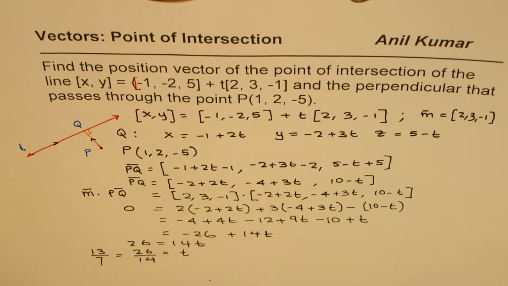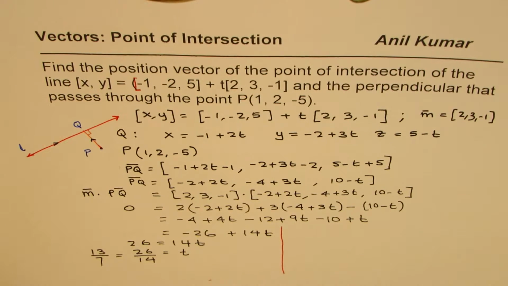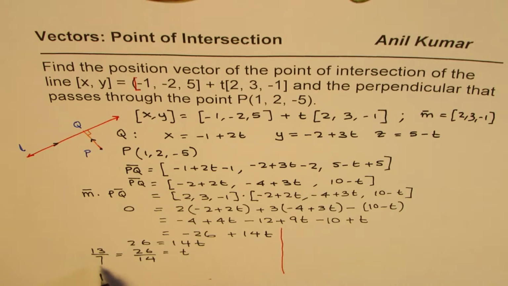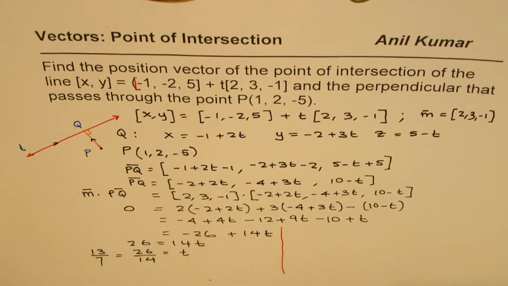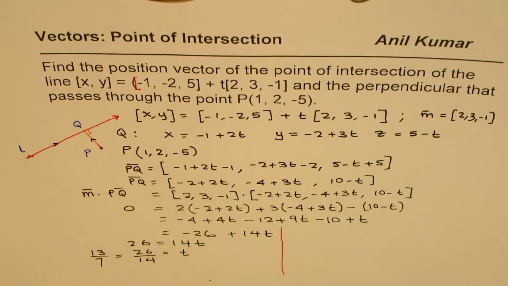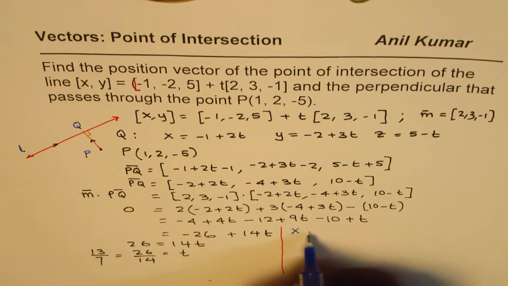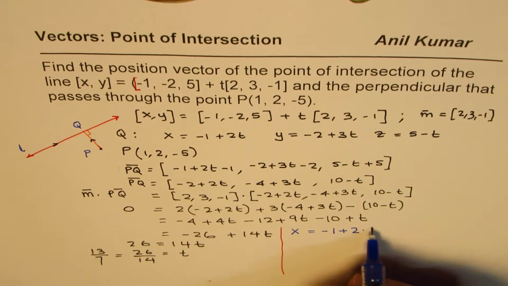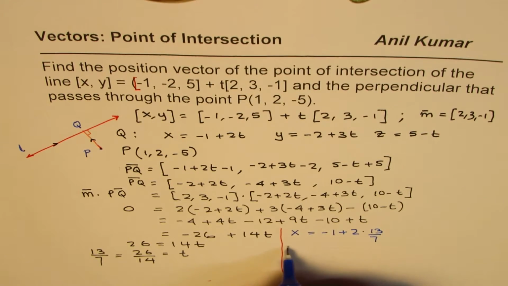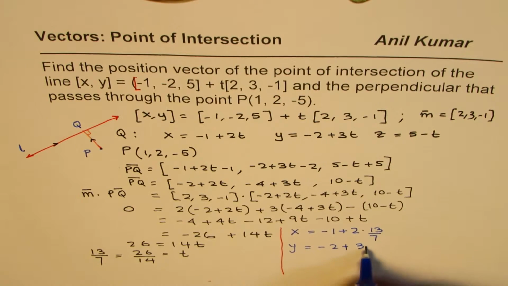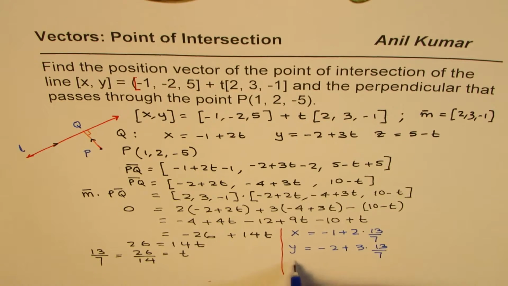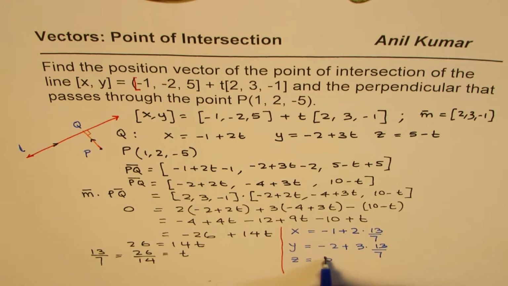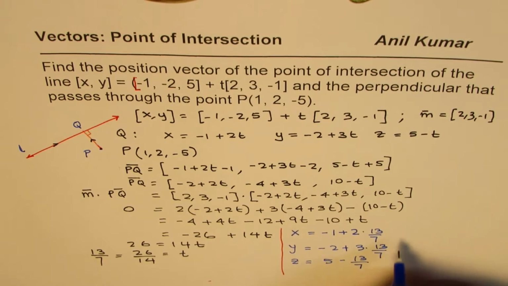So from here, we can find the point Q. We'll just substitute the value which we have got, and write the final answer. So x is equal to minus 1 plus 2 times 13 over 7, y is equal to minus 2 plus 3 times 13 over 7, and z is equal to 5 minus 13 over 7, correct?